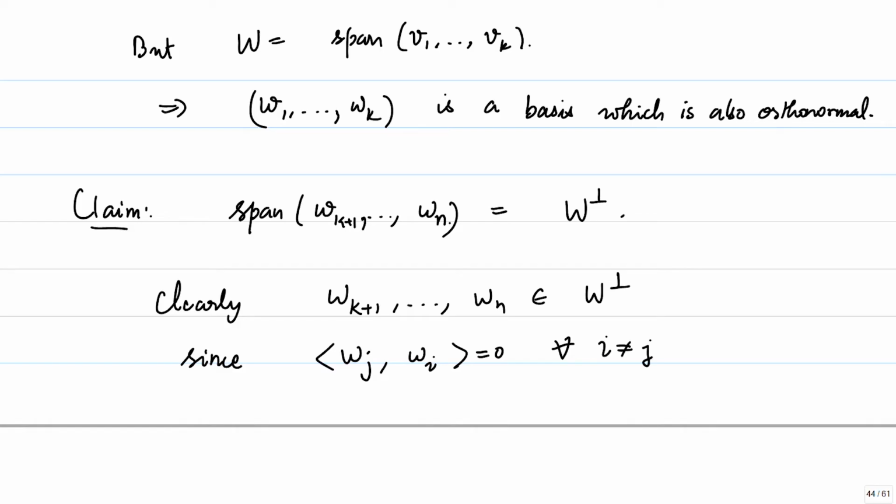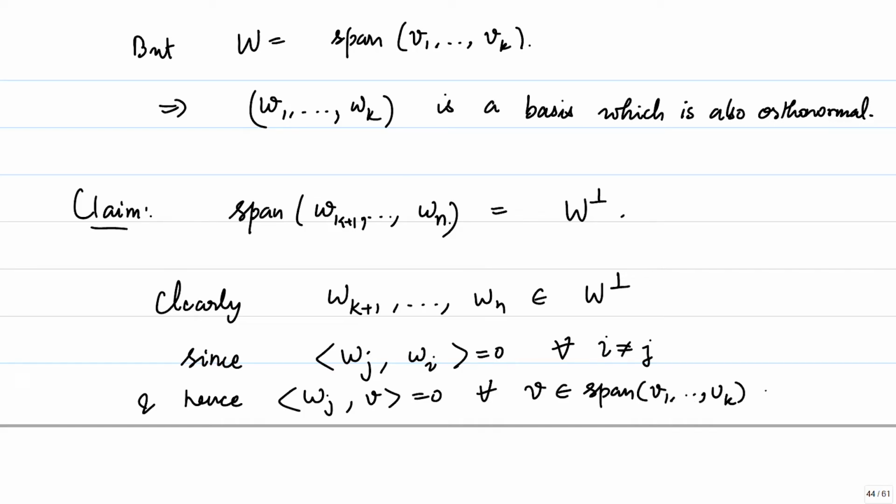So in particular, for j greater than k and for i less than k plus 1, the inner product should necessarily be 0, and therefore it will be orthogonal to every linear combination of W1, W2 up to Wk, and hence the inner product of Wj with v is equal to 0 for all v in the span of W1 to Wk.